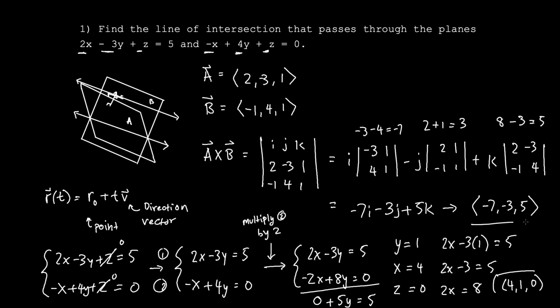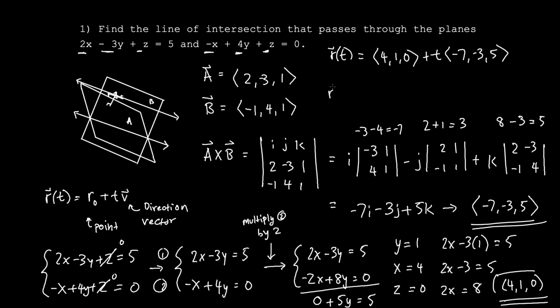Now that we have our direction vector and we have our point, we can construct a line of intersection. Now, I'll put it up here. So our line is 4, 1, 0, which is our initial point, plus t times -7, -3, 5.